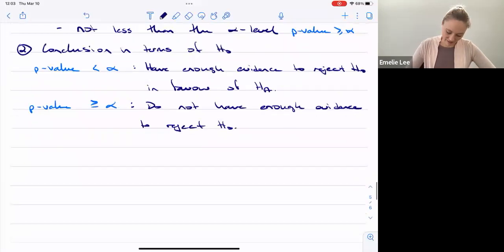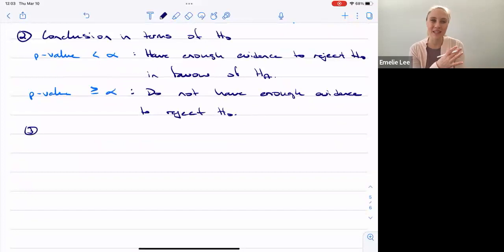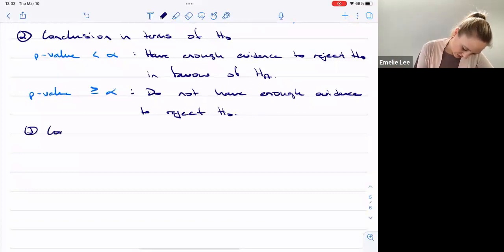And then the last part is the same as before. Depending on if you've rejected H naught or you have not rejected H naught, then you state your conclusion in terms of the question.